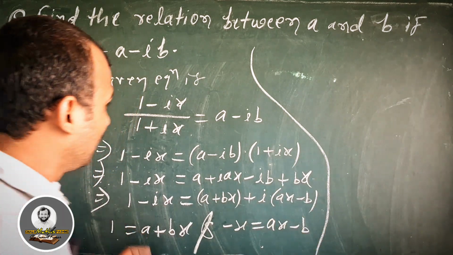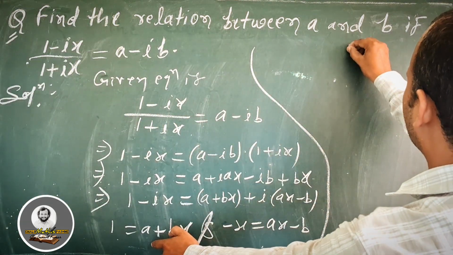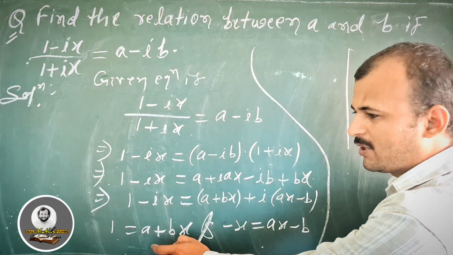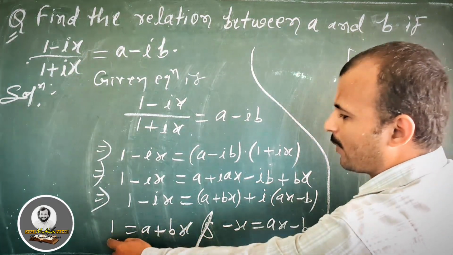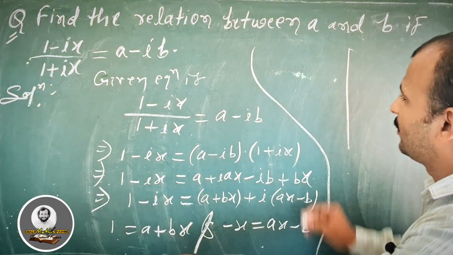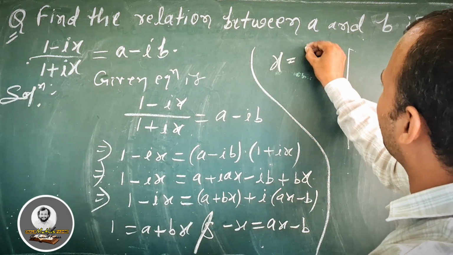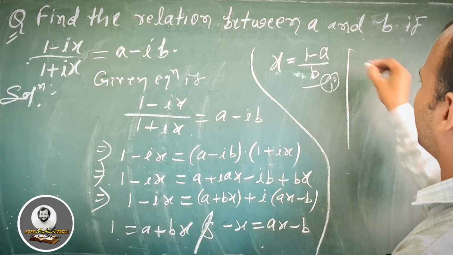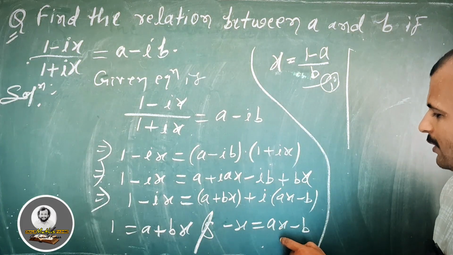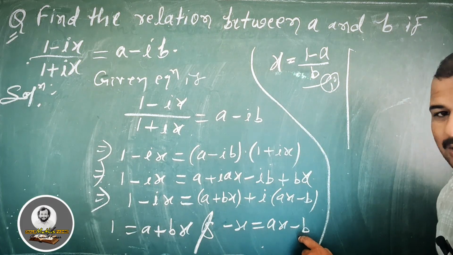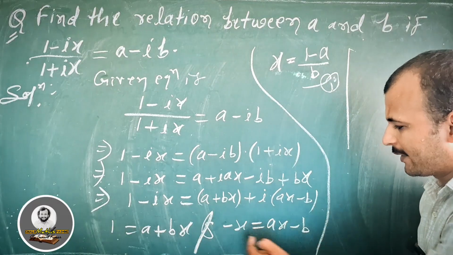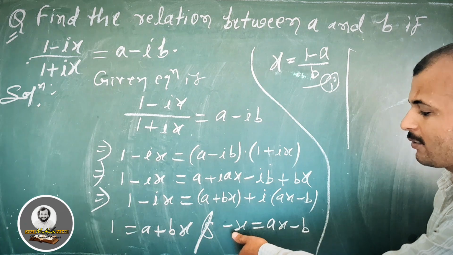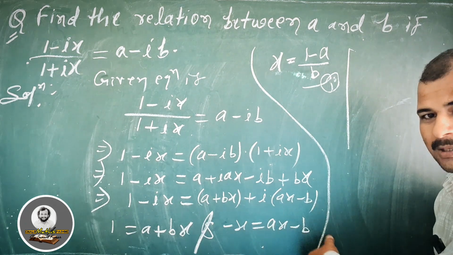Now from the first equation we find the value of x, and we get x equals (1 minus a) by b. Let this be the first equation. From the other equation, if we add b on both sides, we get b equals ax, and adding x on both sides, we get ax plus x.